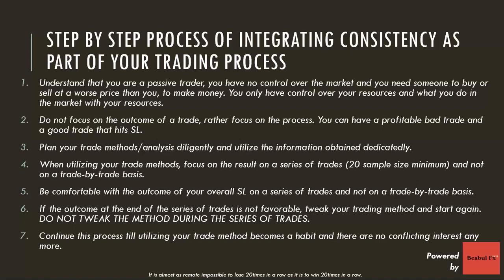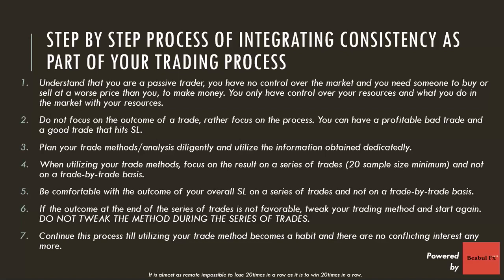By the time you're done with the series of trades, if the results are not favorable, let's say out of 20 trades, you lost 12 and you won 8, then you can tweak your trading method. Or after trading the 20 trades, you won 10, you lost 10, but your risk reward ratio was low in the sense that your risk was 2, your reward was 1, then you can tweak it.